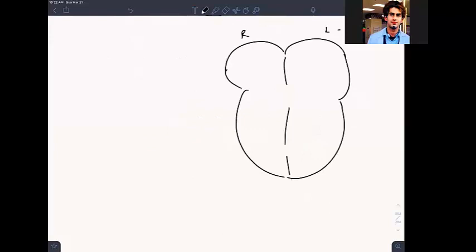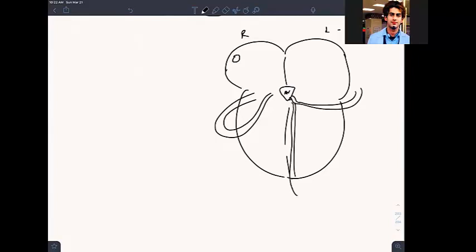So for example, this is the AV node, and this is the SA node, at the opening of the superior vena cava. If I draw the blood supply, it is like this. There is a right coronary artery, and it then turns at the back. This is the left circumflex artery, and this is the left anterior descending artery, and then they go to the base.